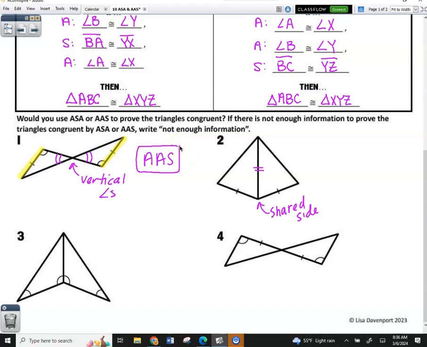Go to number 2. We've already marked what's congruent. Now look at the picture. Number 2, everybody's looking at the picture. What are you thinking? Talk to me.